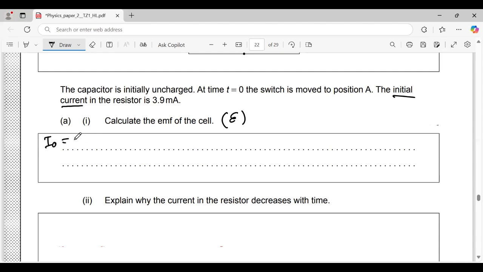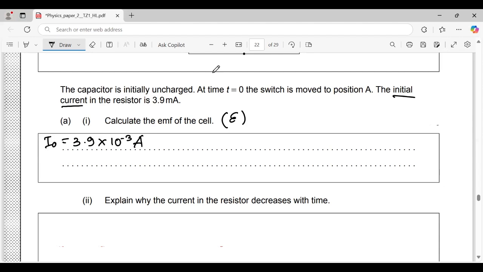Initial current is 3.9 milliamps. I would like to convert that into 3.9 times 10 power minus 3 amps.